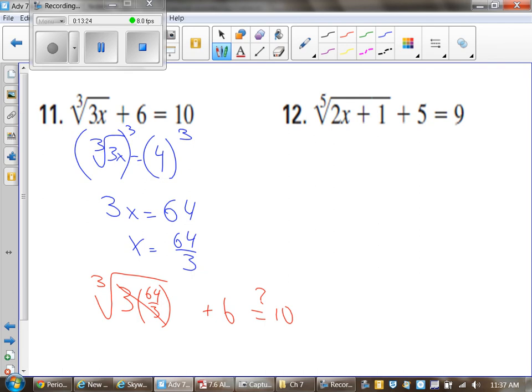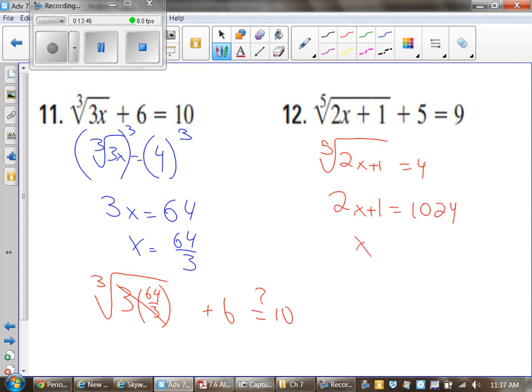And then again, on the other one, subtract the 5 to start. So you have the 5th root of 2x plus 1 is 4. How do you undo the 5th root? You 5th it. So you have 2x plus 1 equals 1024.